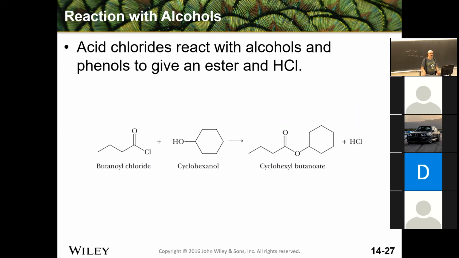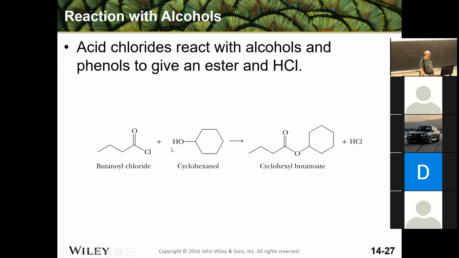Okay, so besides converting carboxylic acid functional derivatives into carboxylic acids, the other category of reaction that we'll look at is converting carboxylic acid derivatives into other derivatives. Acid chlorides can react with alcohols and phenols to give an ester and HCl.